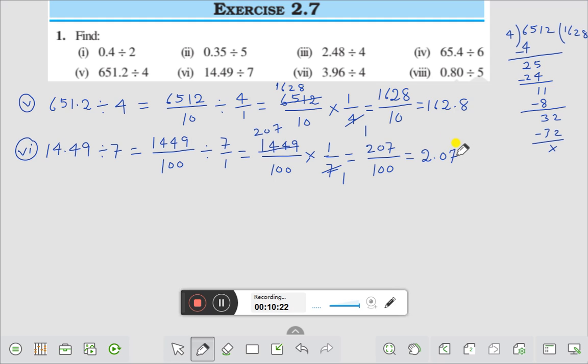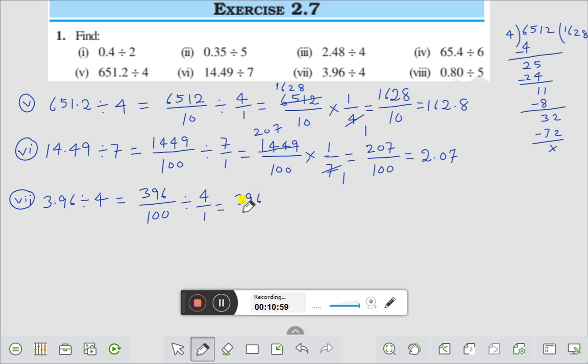Right? Now question number 7 is 3.96 divided by 4, that comes to 396 divided by 100. We change it into a fraction, divided by 4, and 4 can be written as 4 by 1.